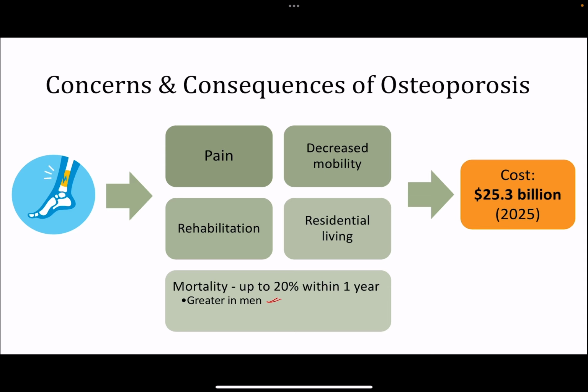Other complications can occur that lead to an increased cost to the health system. So we have pain, decreased mobility, rehab, and residential living. And this does add up in costs for the U.S. health system. It's estimated to be $25.3 billion if we don't take control of it.